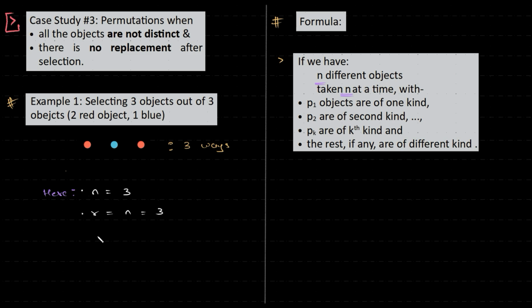Right? Then we have P1. That is, objects are of one kind. How many objects are there? So we have red, which is of one kind. So that's 2. Say I had yellow objects. Let me change the scenario. I had 2 yellow objects. So n will change actually. Or let me take this to be 3, so that there's some variation, right? Okay.